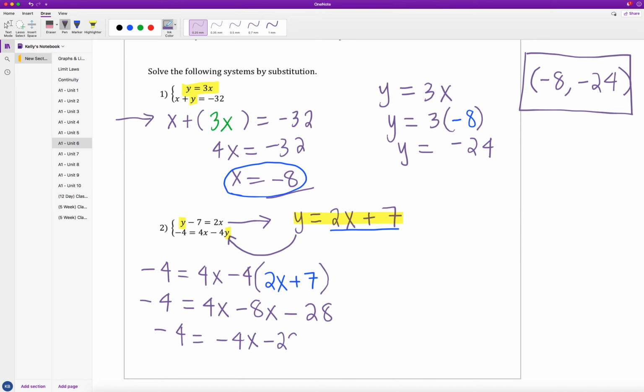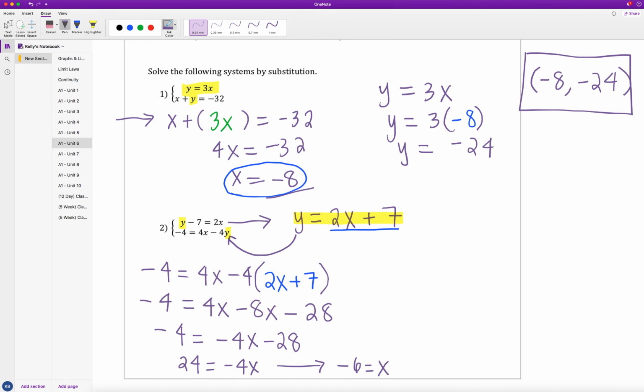I still have the negative 28. I'm going to move the constants to the left side. If I add 28 to both sides, I'd end up with 24 equals negative 4x. The last thing I could do is divide through by negative 4, and I would get that x equals negative 6. Or you could write negative 6 equals x.